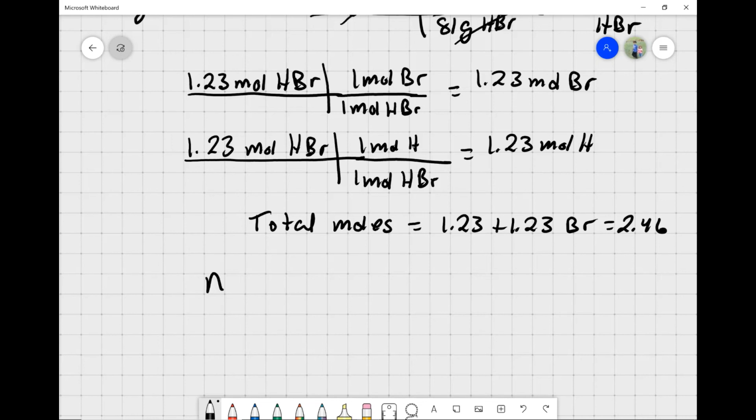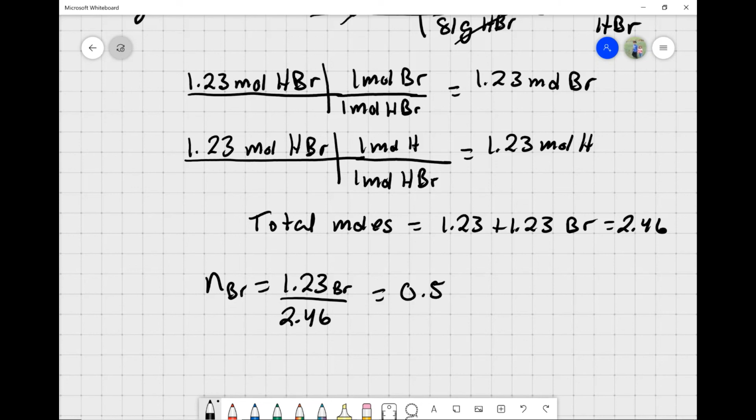We want to know the N of bromine, because we just want to know the mass and mole fraction of bromine. So N Br equals 1.23 for bromine over the total, which is 2.46. So it's half, 0.5.